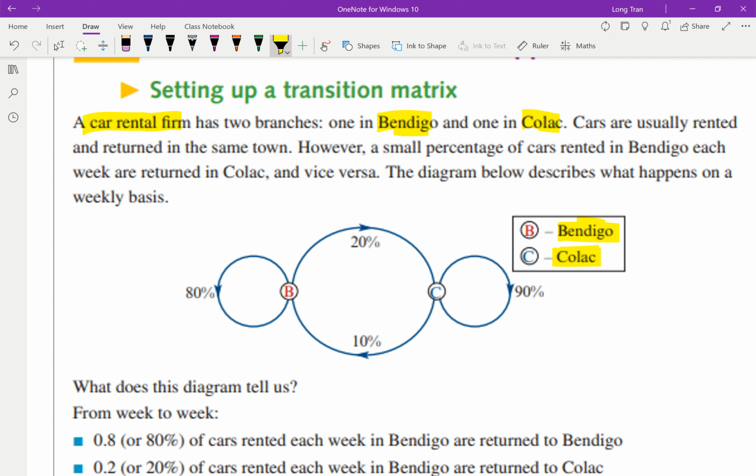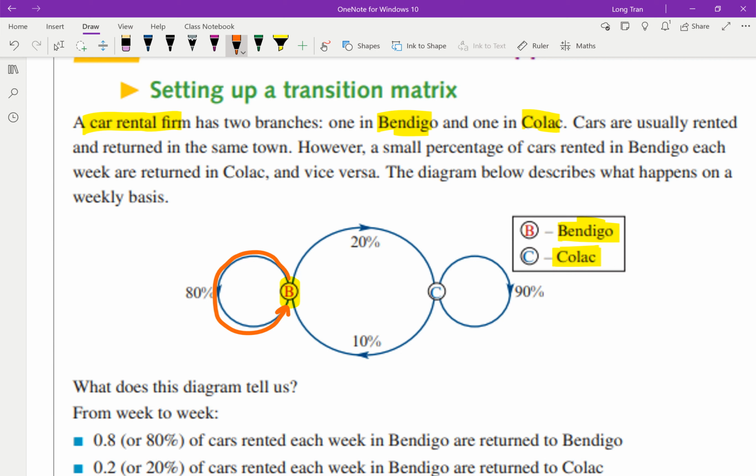Now, what the diagram shows is you rent from Bendigo, and this loop over here with 80% is saying that if you rented in Bendigo, the chance of you returning it back to Bendigo is 80%.